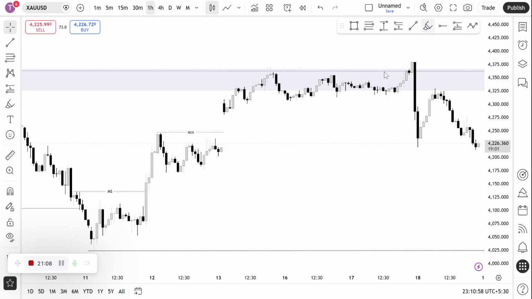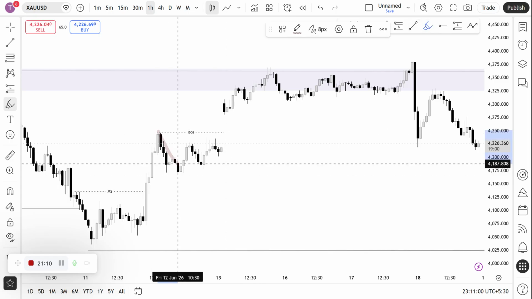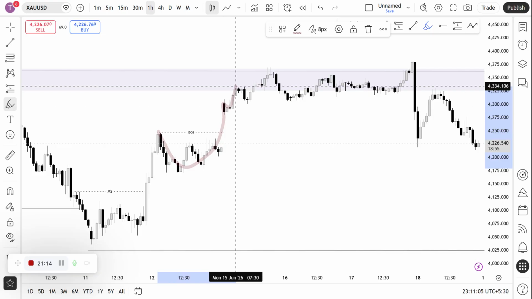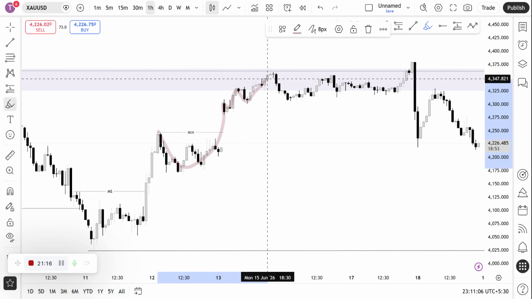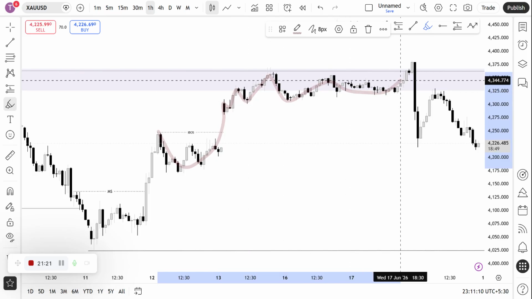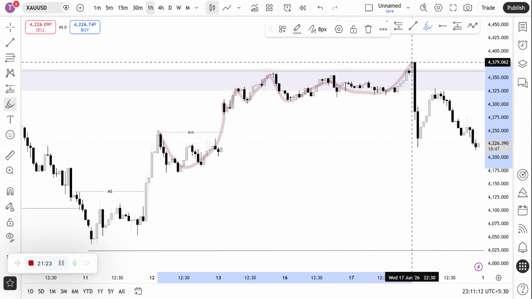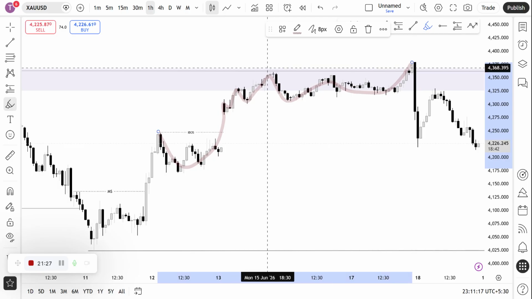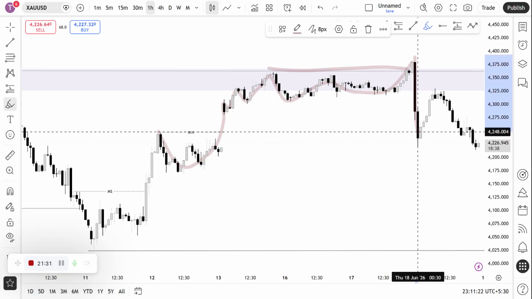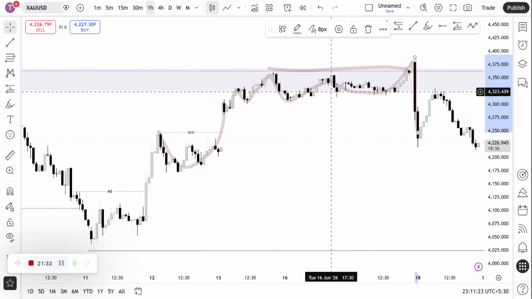As you can see, guys, the market came here and then pushed to the upside, tried to come back, pushed to the upside, tried to come back, and then pushed to the upside. But this one on the high time frame is a liquidity. So this is a liquidity which was formed, and then the market created a market shift.